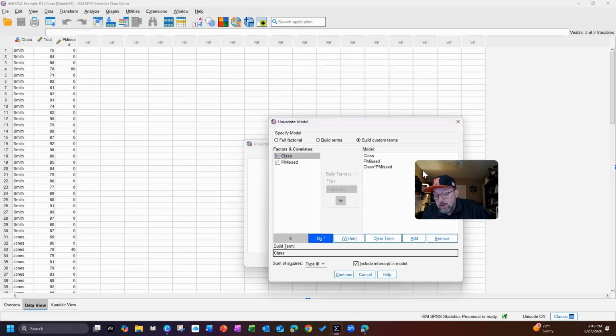And then I decided to highlight both class and periods missed at the same time. So I confirmed that the interaction type is selected in the drop down and clicked add to create the class by periods missed interaction term. Then I click continue. I've already run this data.